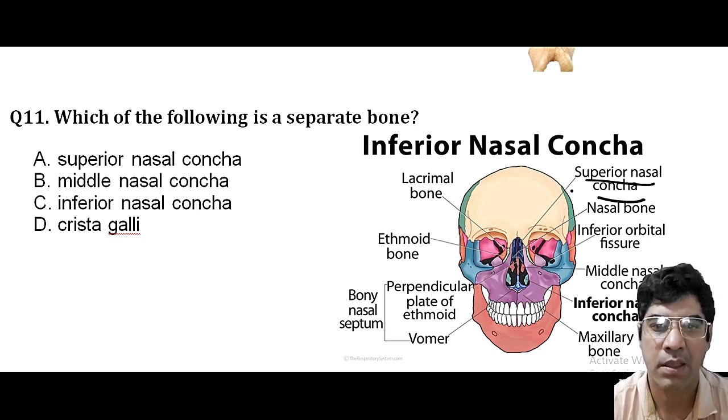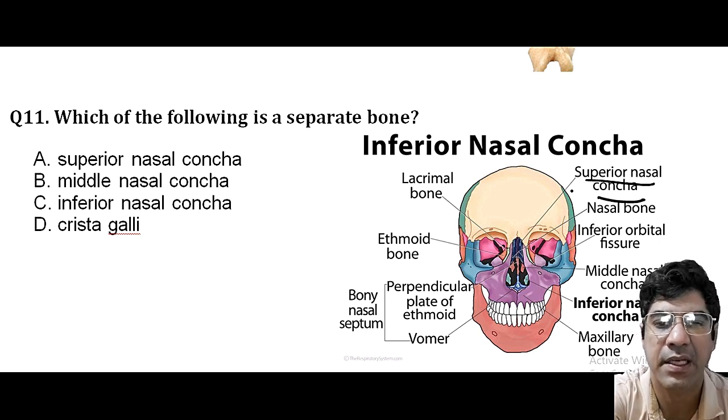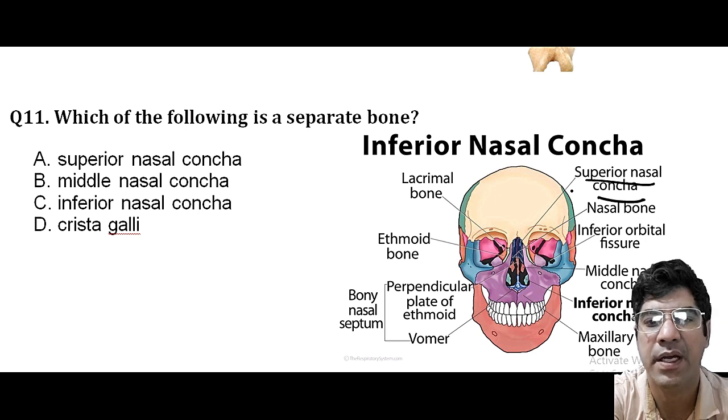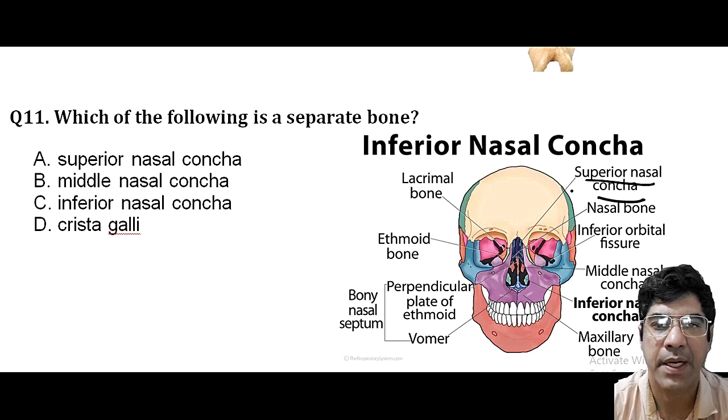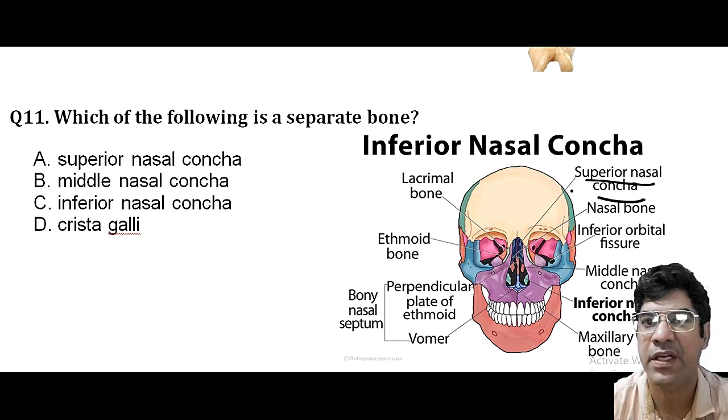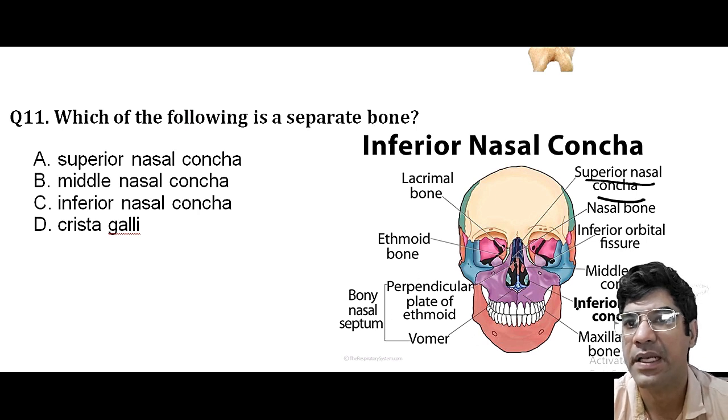The middle nasal concha along with the superior nasal concha helps to increase the surface area within the nasal cavity to improve air conditioning, whereas the inferior nasal concha is a separate bone.